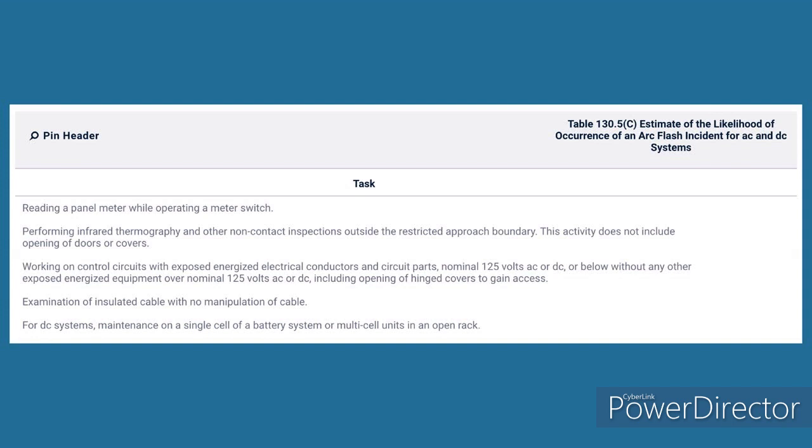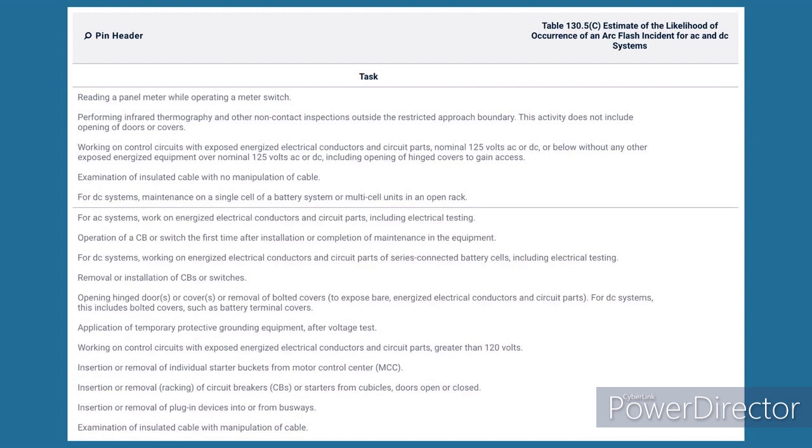So when you look at table 130.5C, they're telling you things like reading a panel meter while operating a meter switch. We go through all kinds of things here, and then we give you the next set, and this is the whole table. This ties in with when you're working on something energized.